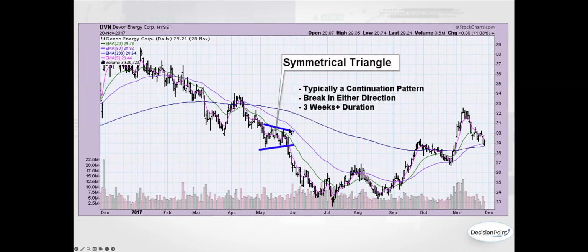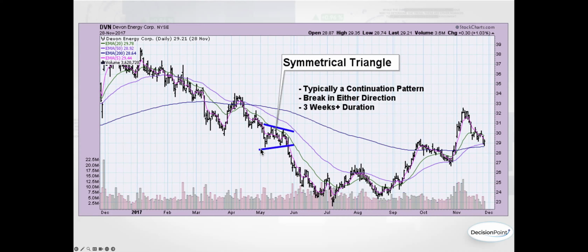This is the symmetrical triangle, and this is definitely a continuation pattern. These patterns will continue the move that was going on previously. So you've got price coming down into the pattern. The expectation is a breakdown from the pattern.